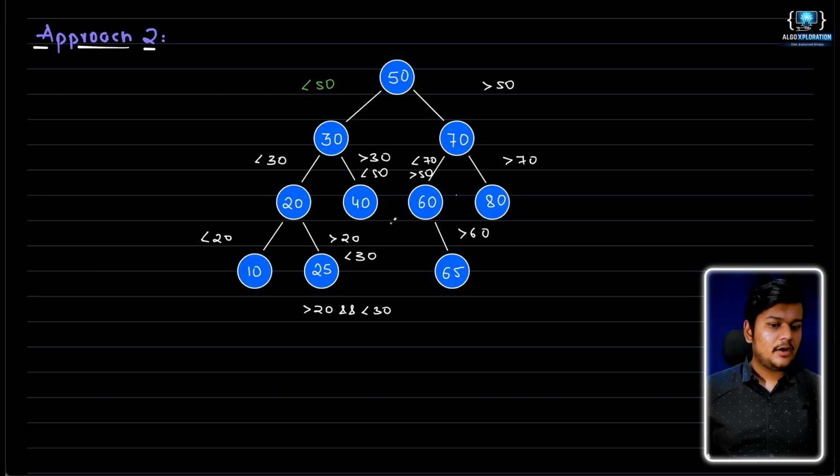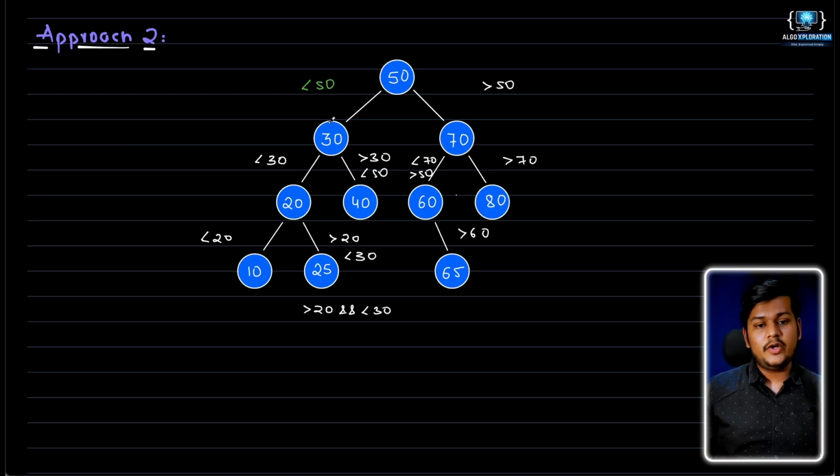But over here you can observe that for this node and this node, there are two conditions, upper bound and lower bound. But for this one and this one, there is only one condition. So the thing is that for each and every node, there has to be a lower bound and an upper bound.